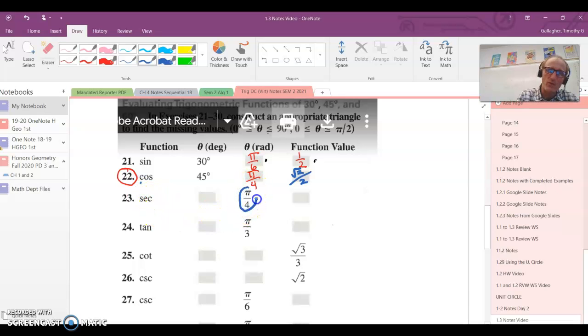which is the reciprocal of the cosine, we want the secant of pi over 4 for this problem. So that's 45 degrees. Okay, so we can do this a couple different ways, but we can see that the secant and the cosine are reciprocals. We know that.